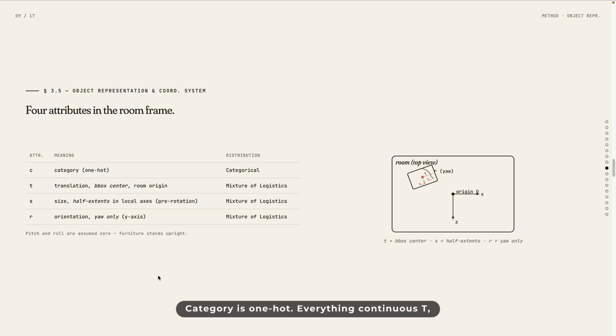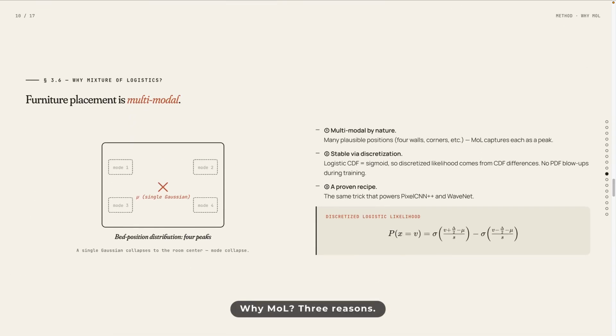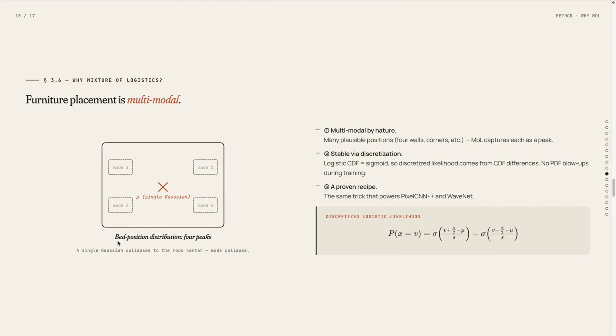Category is 1/2. Everything continuous, T, S, and R, is modeled with a mixture of logistics, or MOL for short. Why MOL? Three reasons. First, furniture placement is inherently multimodal. Take a bed in a rectangular room.